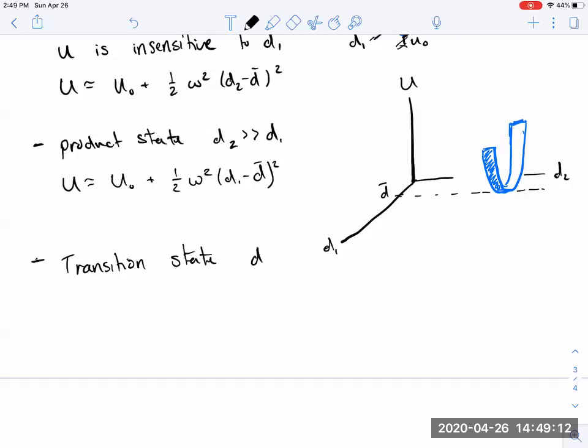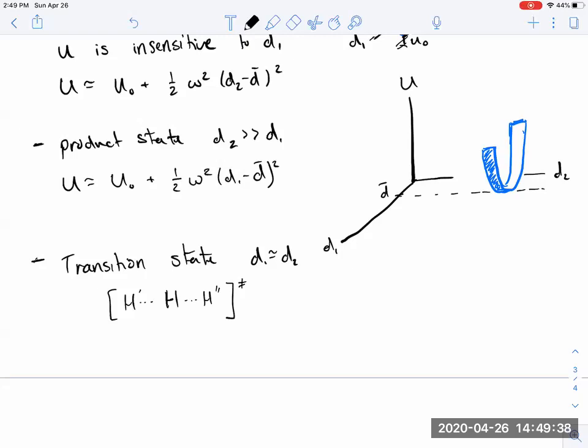So that's when D1 is pretty close to D2. We have our H prime and our H double prime. Now both of those bonds are going to be stretched. The H in the middle is somewhere in between.